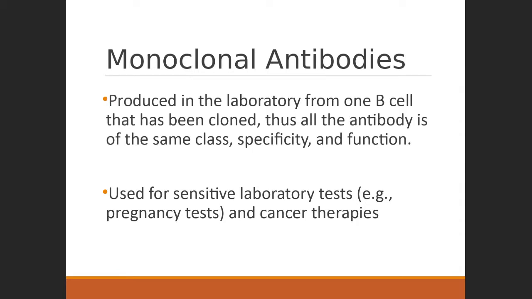They can be produced in a laboratory from one B cell that's been cloned, get all the antibodies that are in the same class for a very specific response. And if you think about the adaptations that we could have for cancer therapies with regard to this alone, this is not the only immune adaptation for cancer, but it's a good one to bring up. It's been around for a long time.